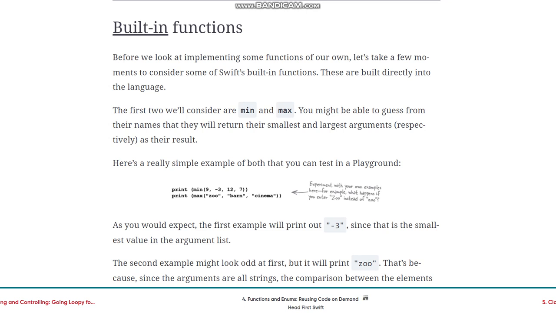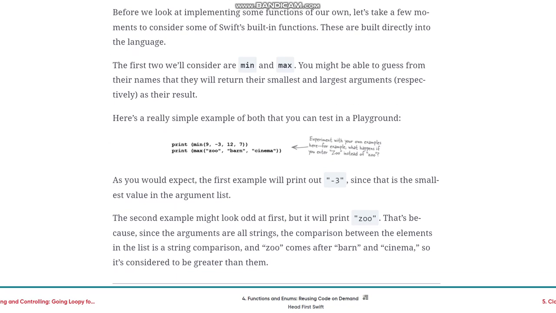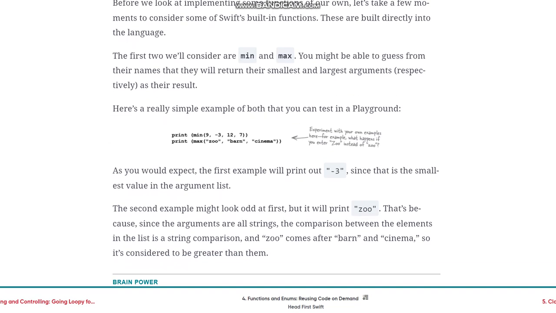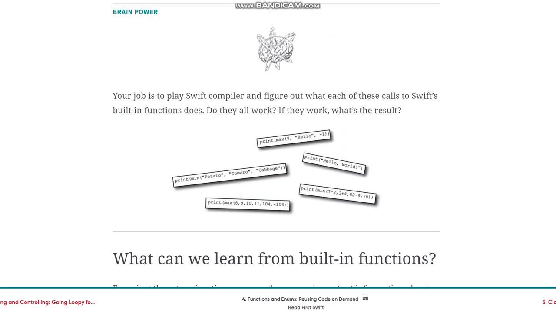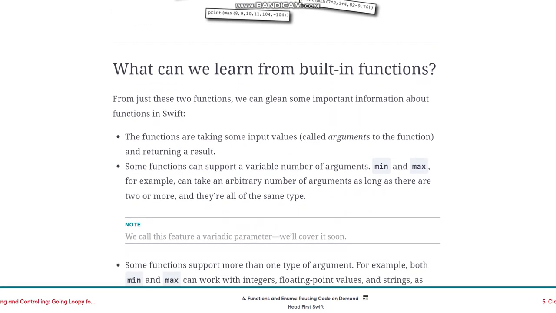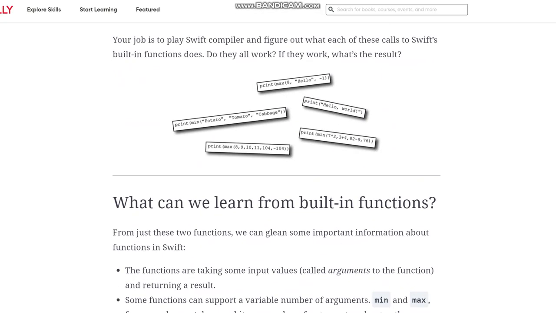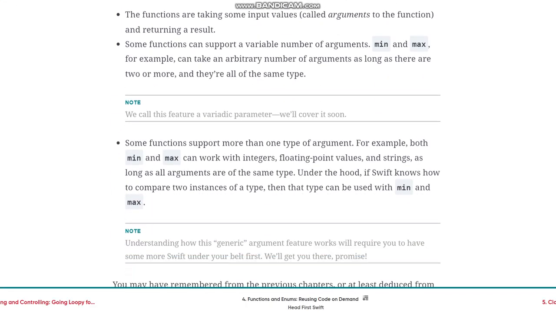This is one way to use it, and there's another way, like randomElement, a built-in function that Swift has in case you need it. Here are built-in functions like max and min, so you can check which is the lesser, or the minimum, of those numbers.